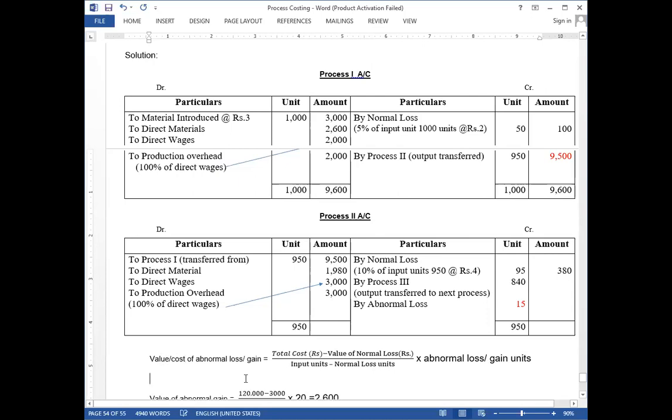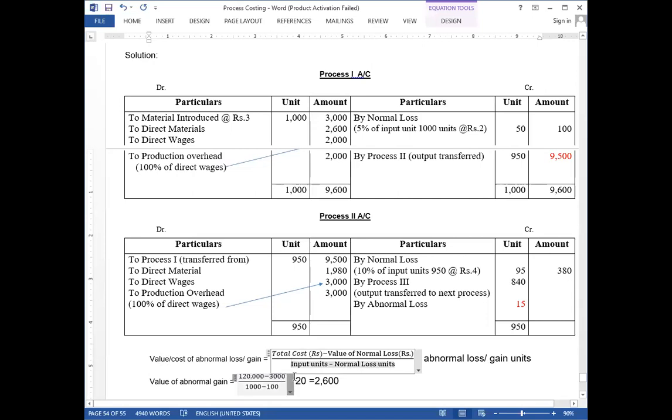So shall we calculate this problem? What is the amount column? I'm going to calculate. The total cost is how much?